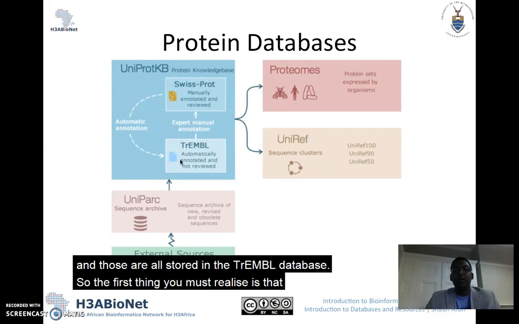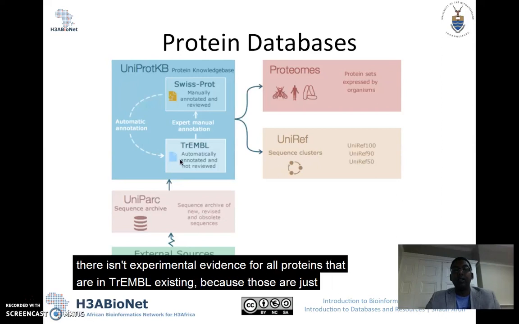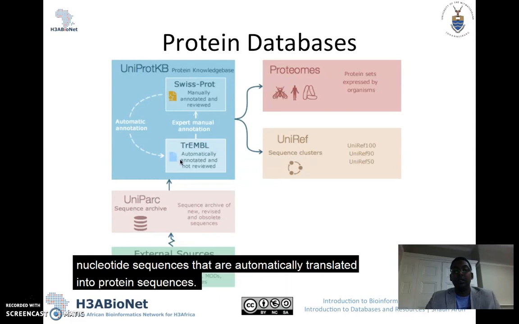Okay. So the first thing you must realize is that there isn't experimental evidence for all proteins that are in TrEMBL existing, because those are just nucleotide sequences that are automatically translated into protein sequences.